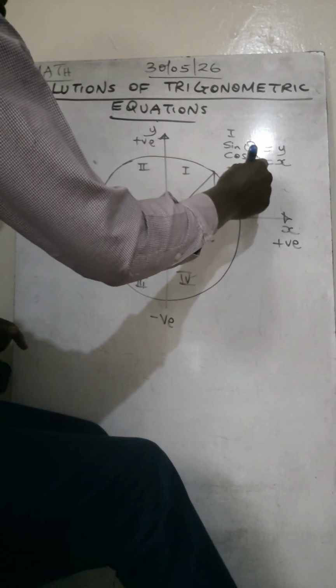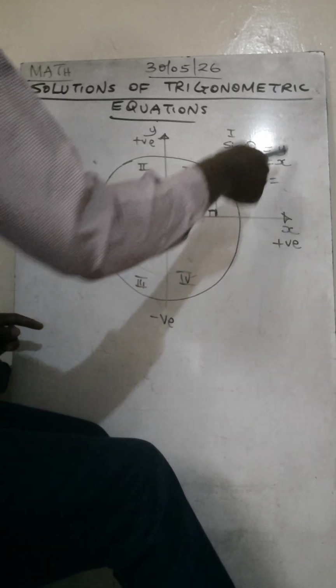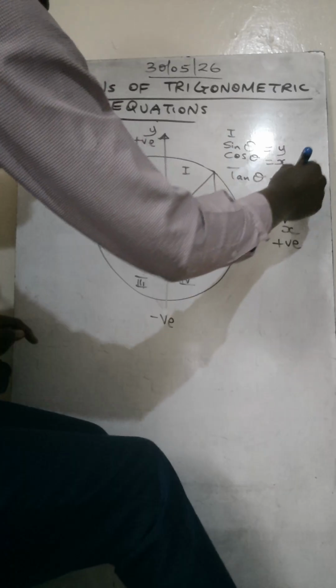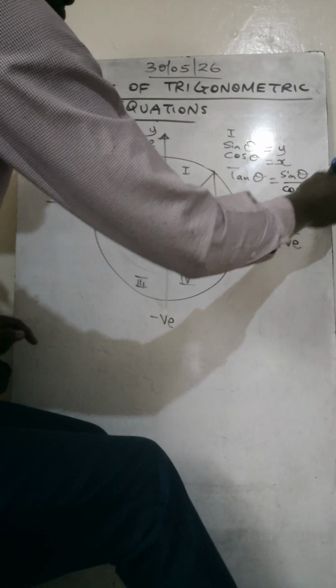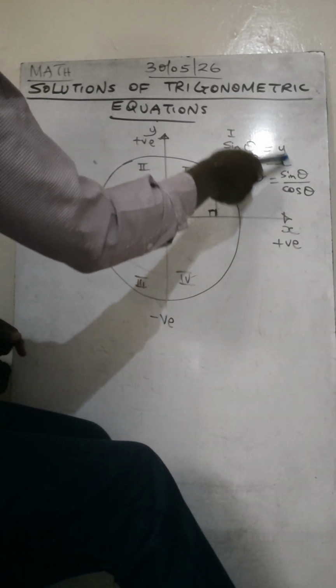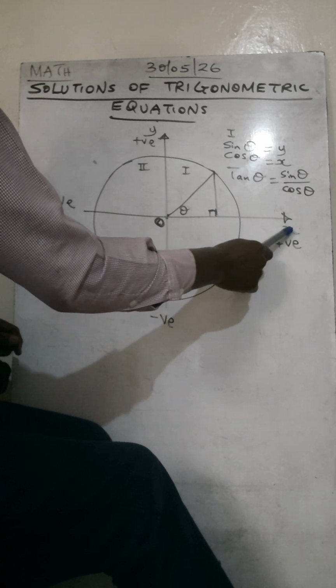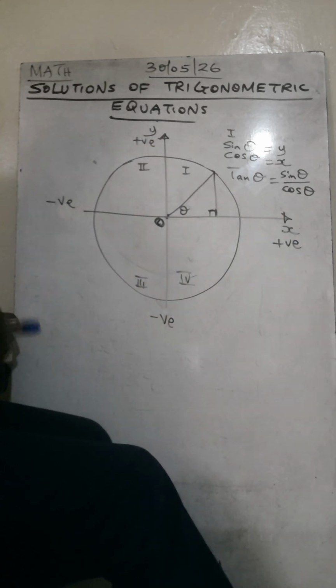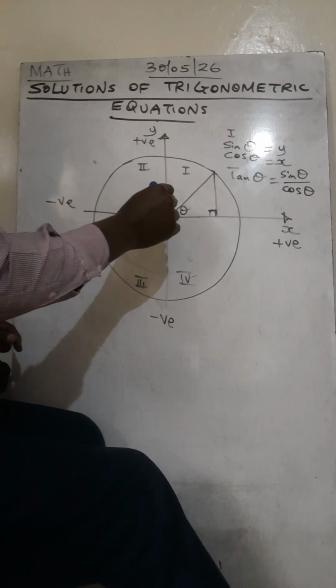What about tangent? I also remember I told you that tangent is given by change in y over change in x, that is sine of theta divided by cosine of theta. Still they are positive because we are using this positive axis and this positive axis in the first quadrant. Now what happens when you come this way?